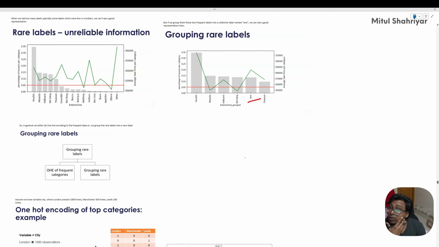Now, how can you solve this issue? We can group the rare ones. Maybe create a new column or new label and say, if you find them, just consider them as X or Y, whatever. For example, if you look at this graph, these are columns, like something we had in an Excel or CSV.